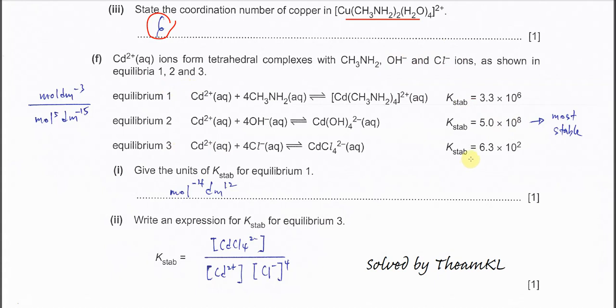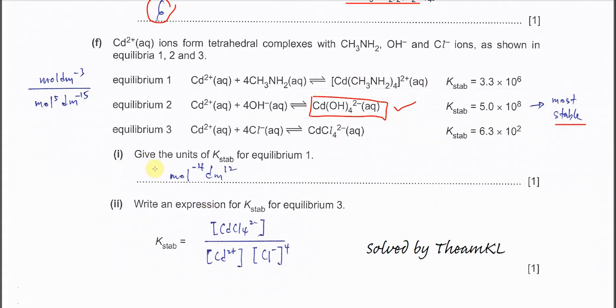So from here we know that the cadmium with the 4 hydroxide, this complex ion is the most stable complex. Why? Because the Kstep is the highest, means this one actually form more concentration or more amount. So that's why this is the most stable among this complex ion.